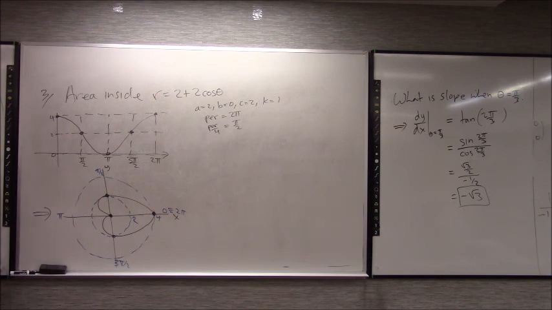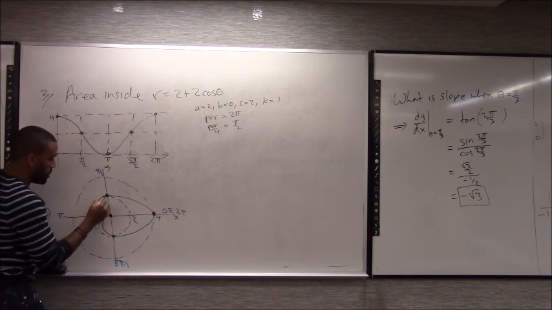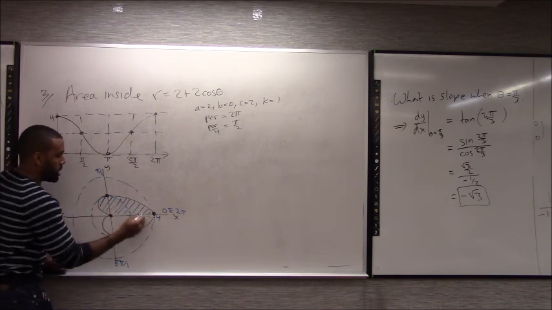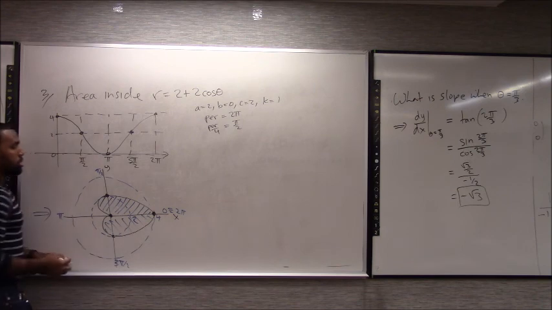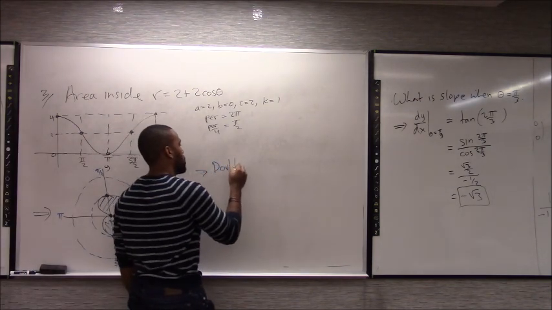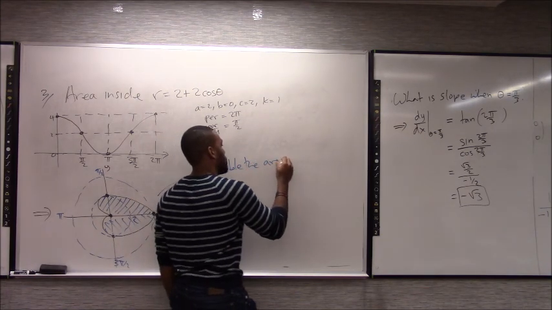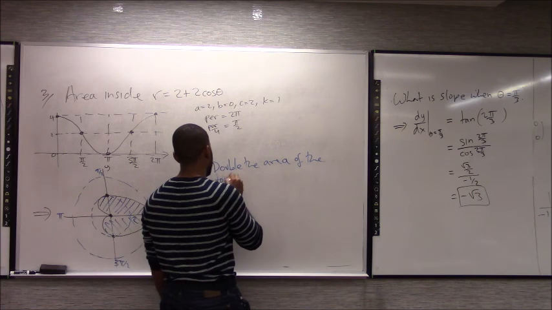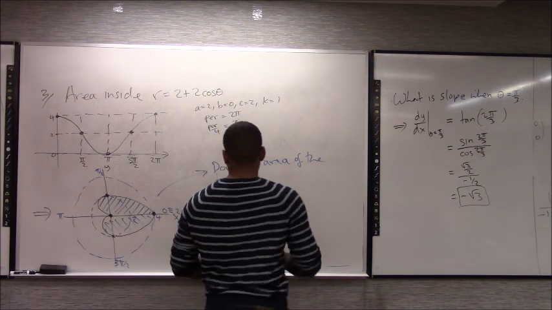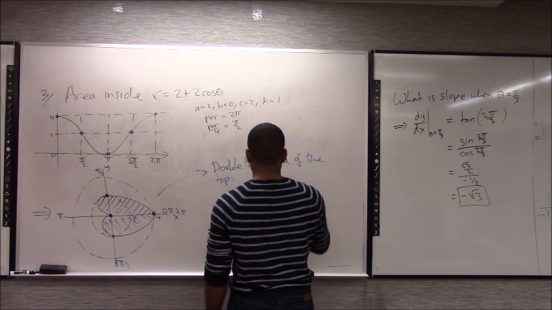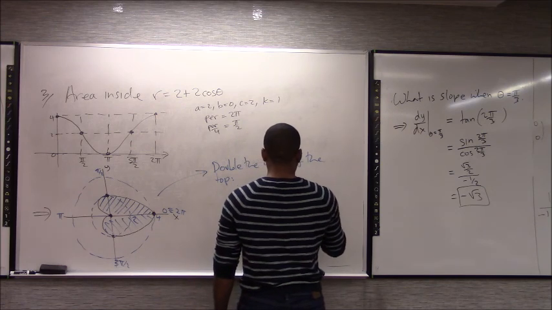Notice that it is symmetric. So the area up here is going to be the same as the area down here. So I'll double the area of the top. But you don't have to. Alright, I'm just going to do that. So we know that the area is going to be 1/2 times the integral of r squared d theta.